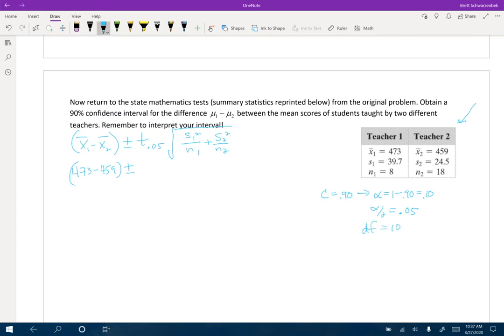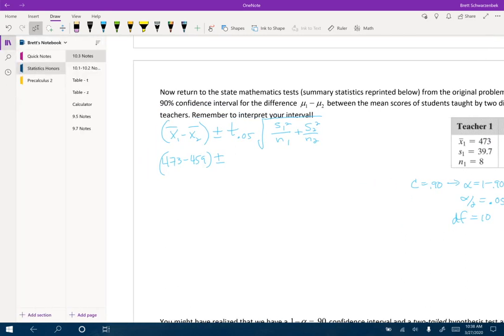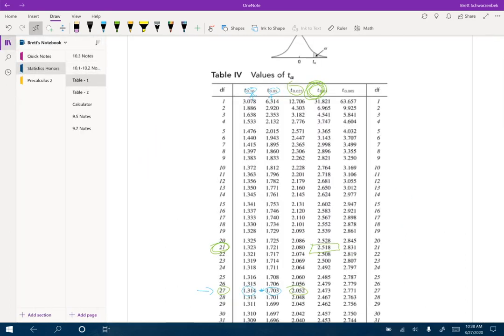So if we go into the table at T.05, at degrees of freedom 10, we get 1.812 as our value.